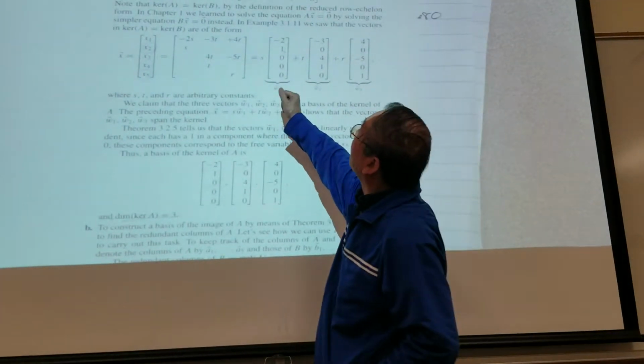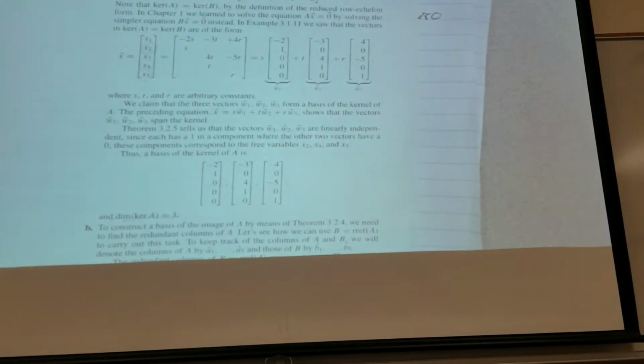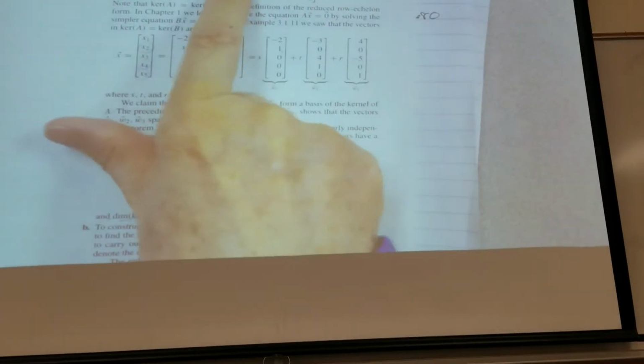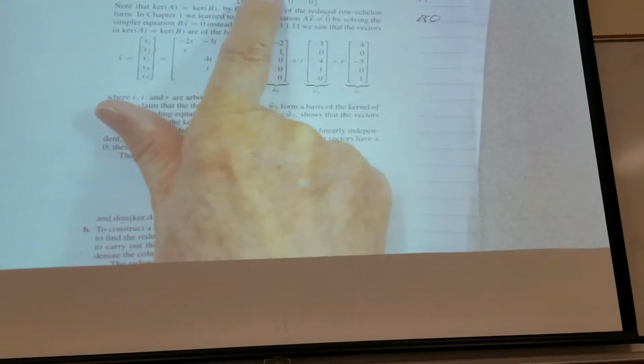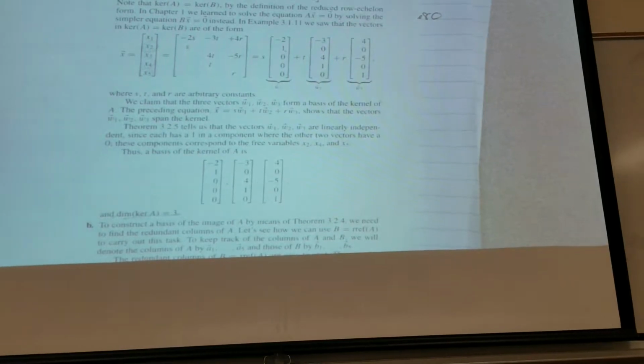I already circled them: 2 leading ones. And then 3 variables, since 5 minus 2 gives 3. That's how we count.